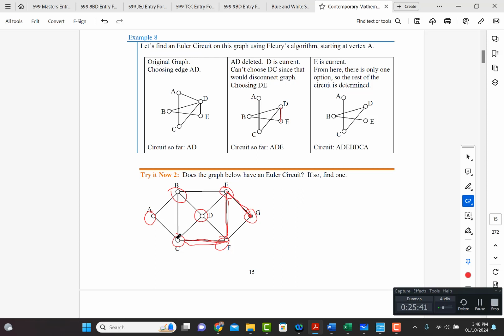So let's then go to, now, okay, so let's see here. Well, we can't go this way because then we'll have a disconnected graph.